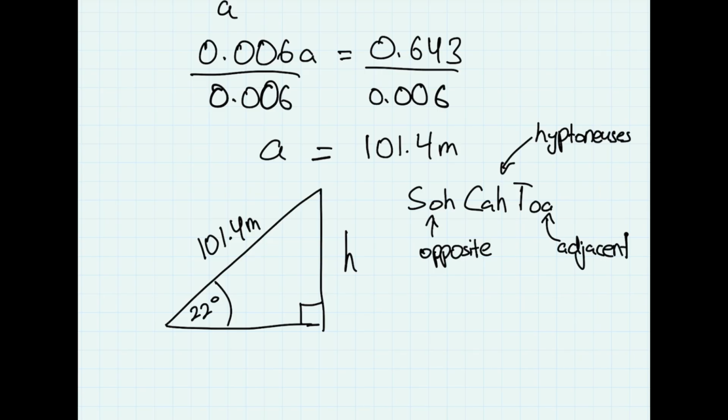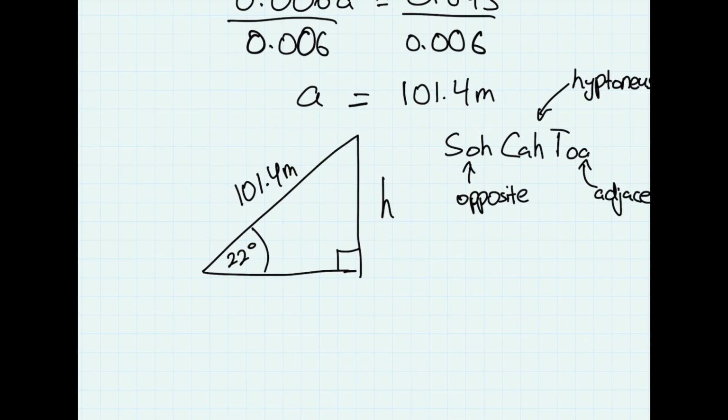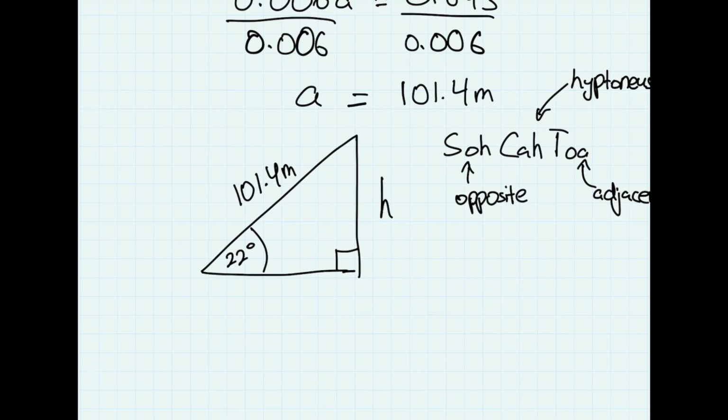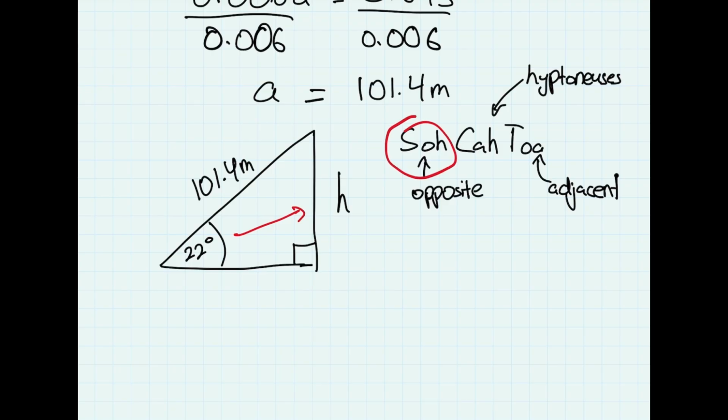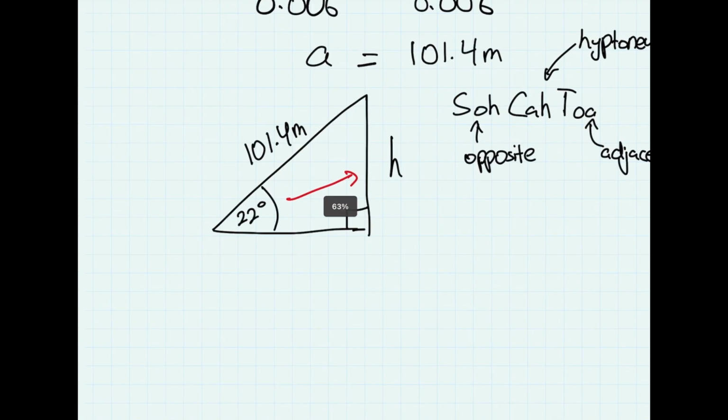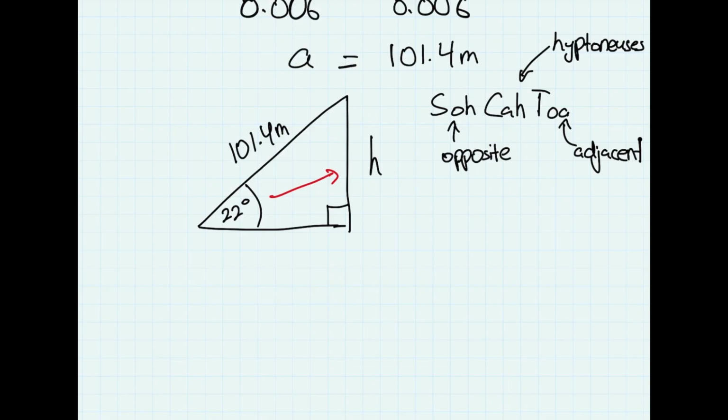So let's look at what we have in our triangle. To the 22-degree angle, we have an opposite, which is the height. So we now know that it has to be either the sine or the tangent. But opposite to the 90-degree angle, we have the 101.4 meter length. So we know that the trigonometric ratio has to be sine.